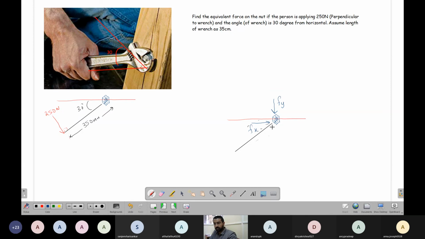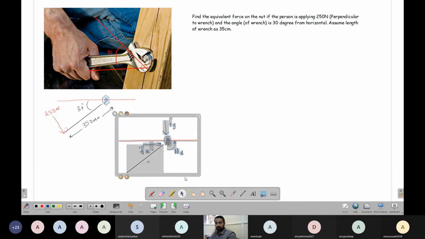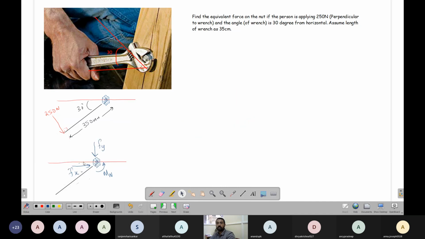Let's say there is a moment here, in some direction, anti-clockwise or clockwise, whichever I like. I will transfer the force to the nut. This is my case 1, and this is my case 2.